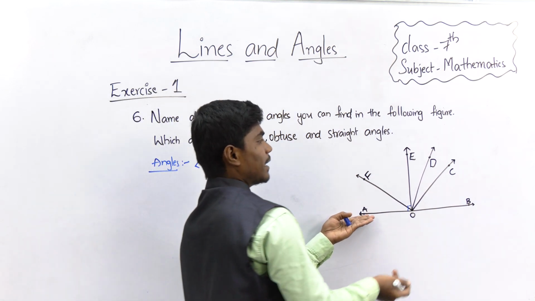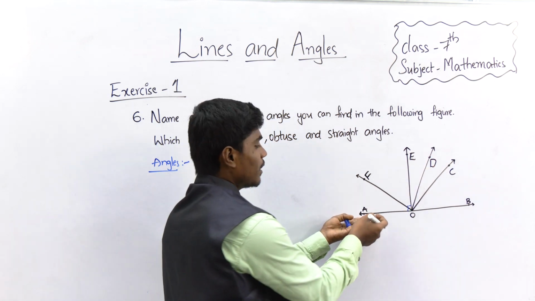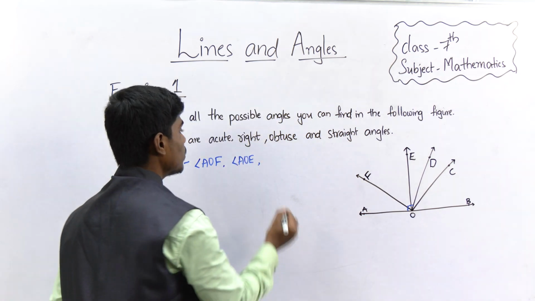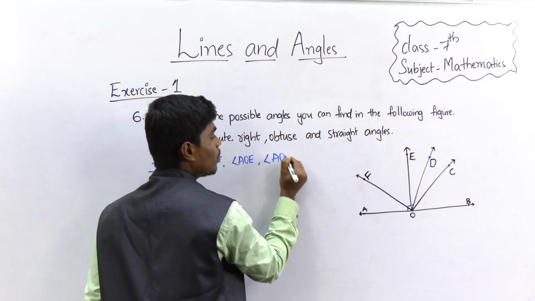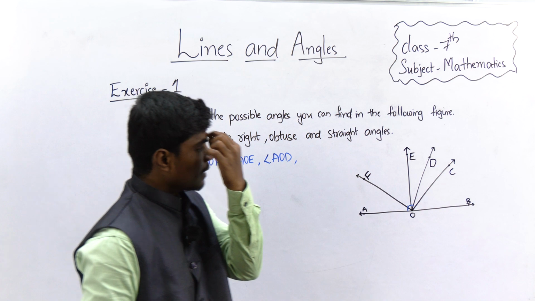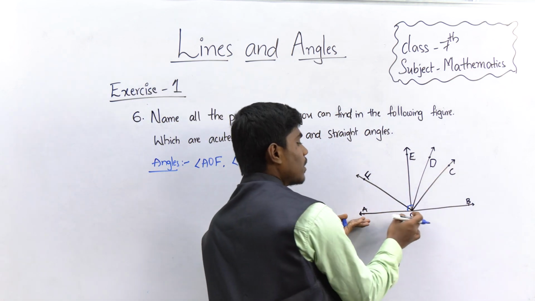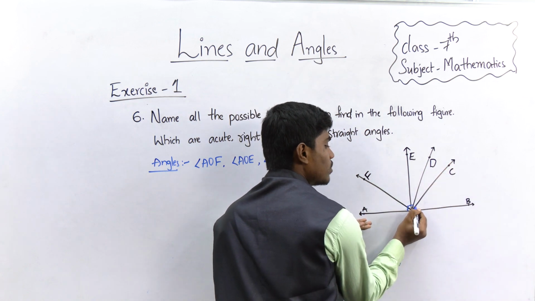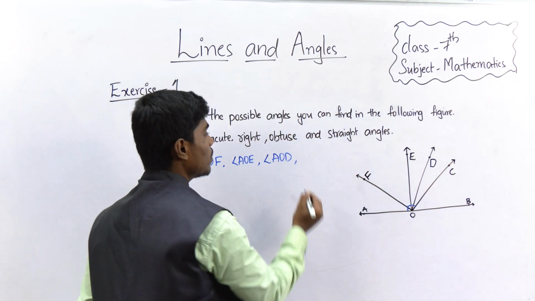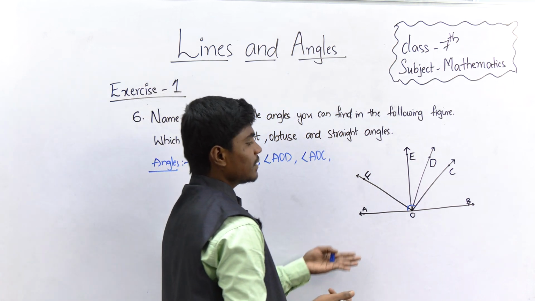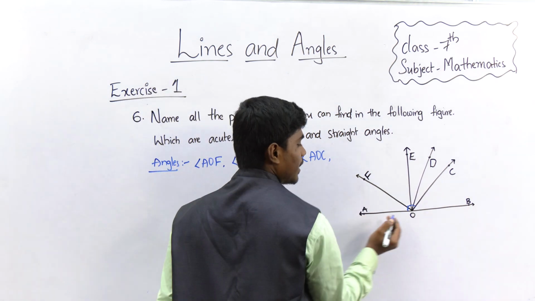Next, let's take A and D. Here AOD. One angle is formed. So angle AOD. Next, let's take A and C. Here AOC. Here also one angle is formed. So angle AOC.